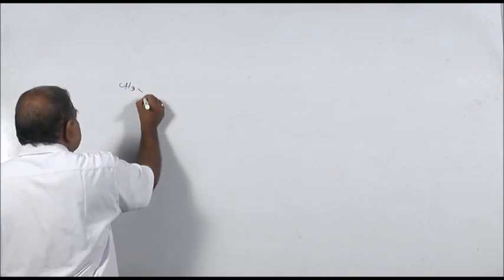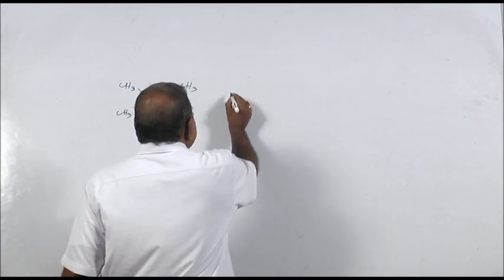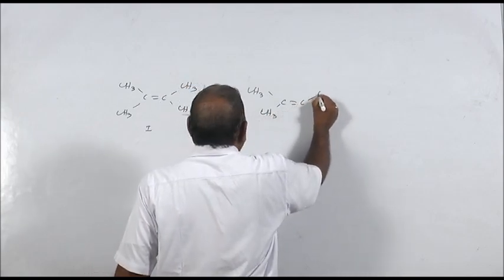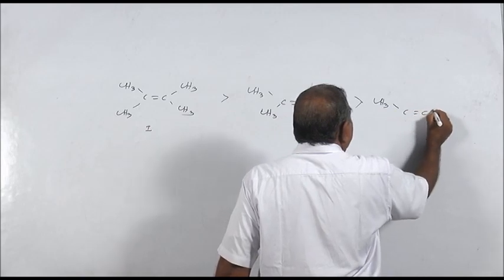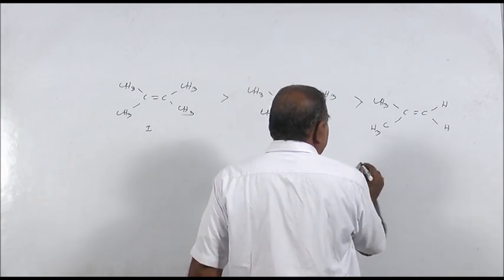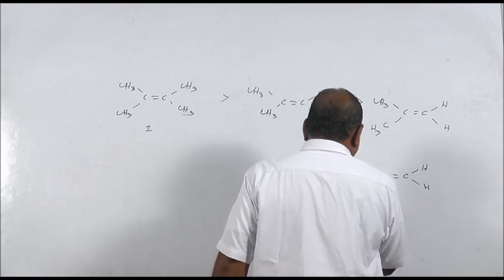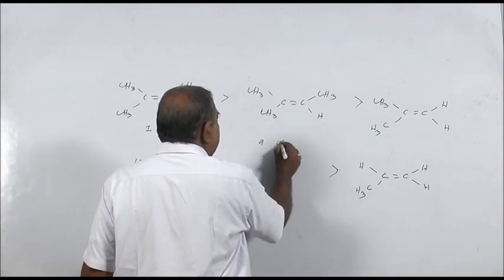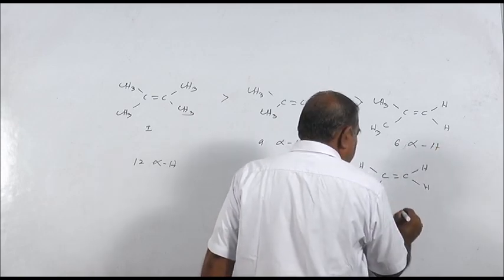Say, CH3C, this compound 1 is more stable than compound 2, which is more stable than compound 3, which is more stable than compound 4, because here it contains 12 alpha hydrogen atoms, here it contains 9 alpha hydrogen atoms, here it contains 6 alpha hydrogen atoms, and here only 3 alpha hydrogen atoms.